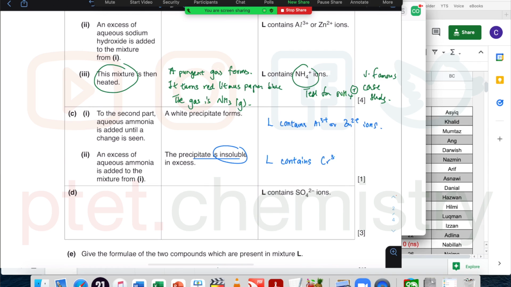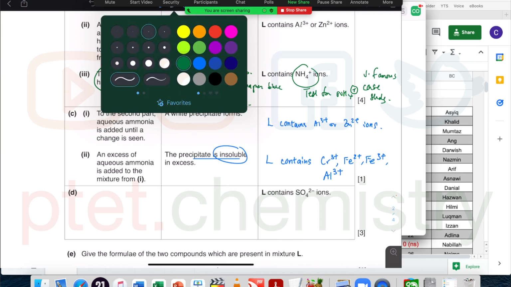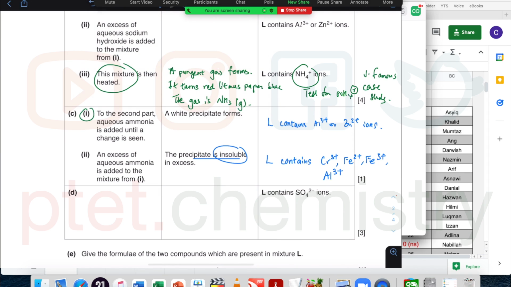People write down chromium 3 plus, iron 2 plus, iron 3 plus, and Al3 plus. That is ridiculous, because this is part 1 and this is part 2, to the mixture from 1. It means this student has not read the question at all, and has not imagined doing the practical himself or herself.